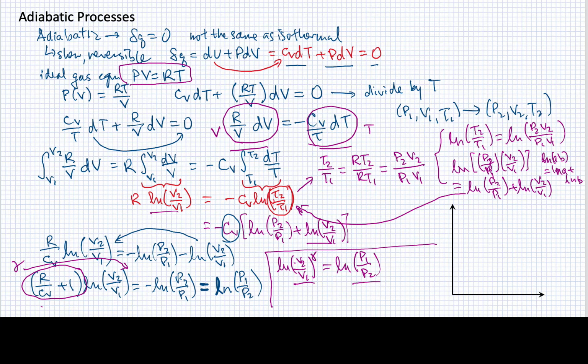So I can now write V2 over V1 raised to the gamma power is equal to P1 over P2. And I hope that algebraically you can see that I can rearrange this equation a little bit so that it basically says that P1 times V1 raised to the gamma power is equal to P2 times V2 raised to the gamma power.